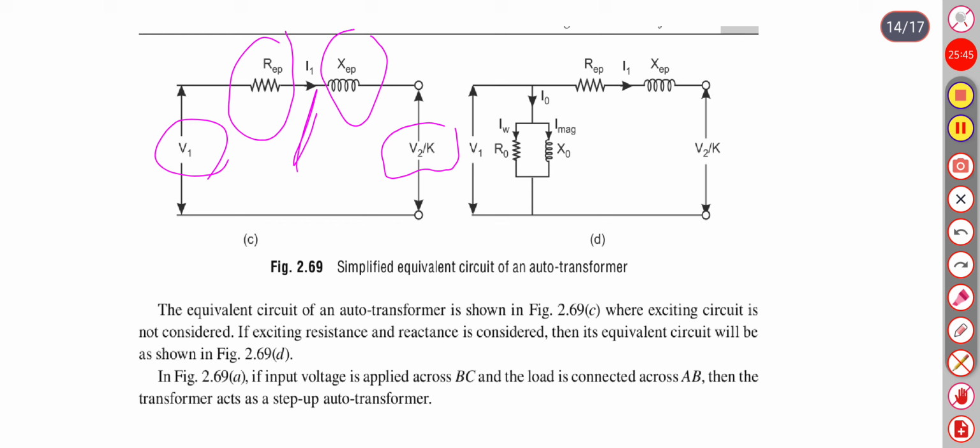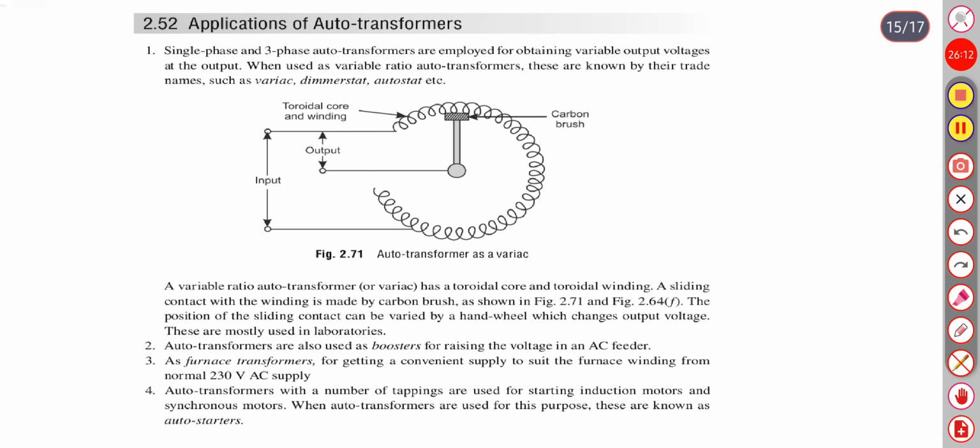If exciting resistance and reactance are considered, then the equivalent circuit will look like this. If input voltage is applied across BC and the load is connected across AB, then the transformer acts as a step-up transformer, as we have discussed earlier in the principle of autotransformer.